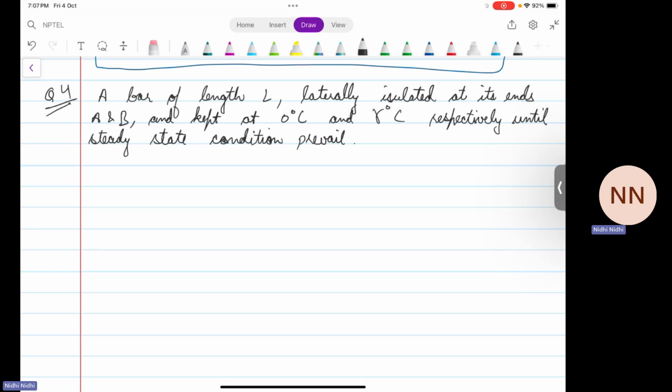That means even if time is changing, with increasing or decreasing time t, the temperature remains the same at all the points of the bar. That means u(x,t) is independent of t at the steady state condition.